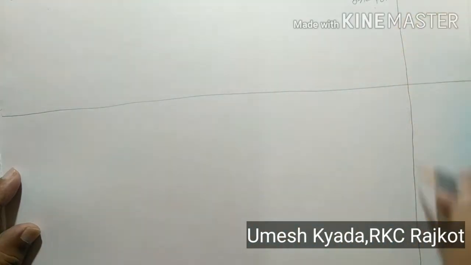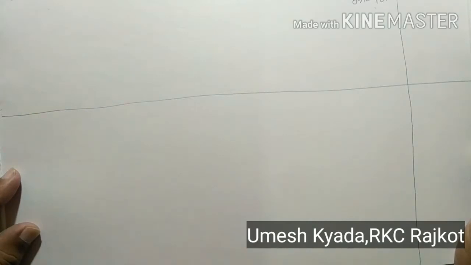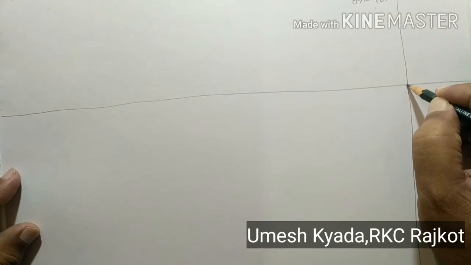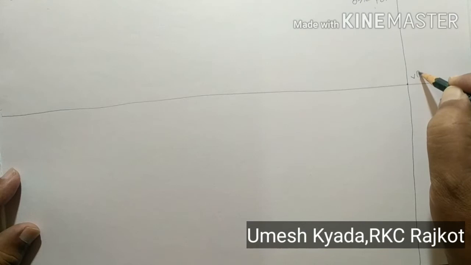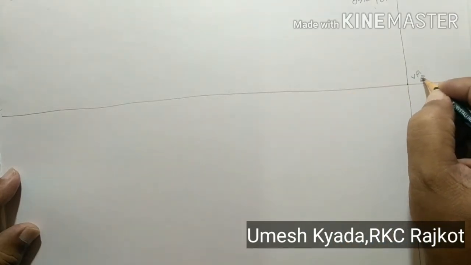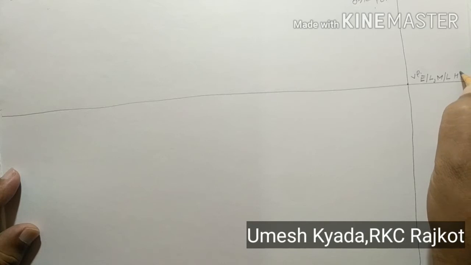See, station line and horizontal line, where it is crossing, the point it creates is called vanishing point, VP. Horizontal line we can call eye level, middle level and horizontal line also.